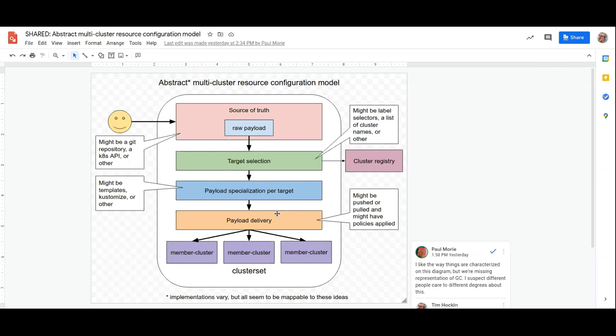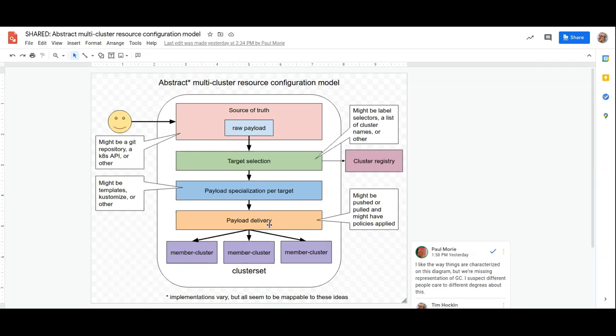Now that you've specialized, you've got a payload that you want to deliver to each cluster, and there's a delivery system. One of the big things in the Karmada docs was discussion of push versus pull. They were very keen on the idea that the member cluster contacts some service and pulls updates, and other systems rely on push.